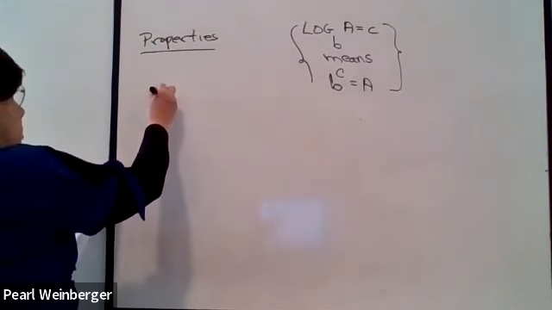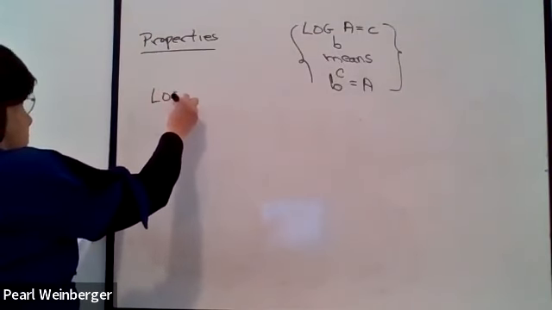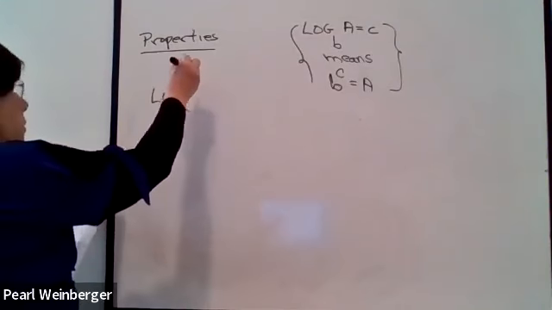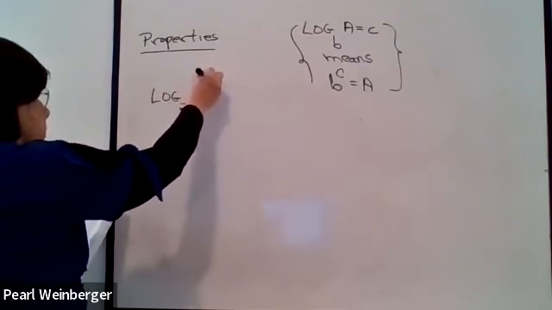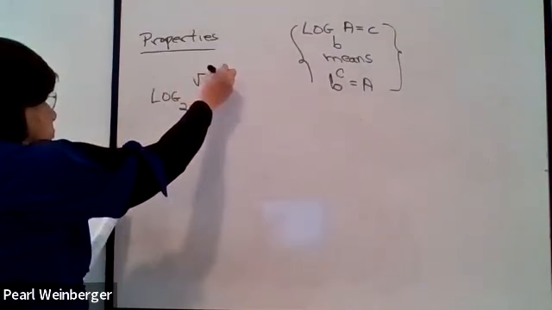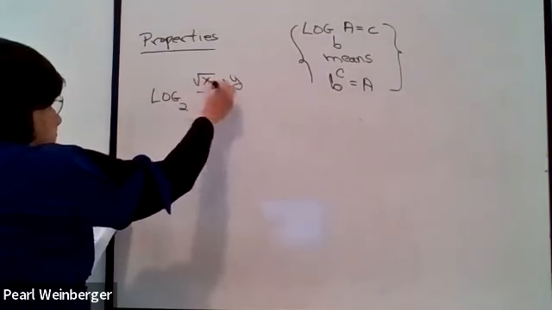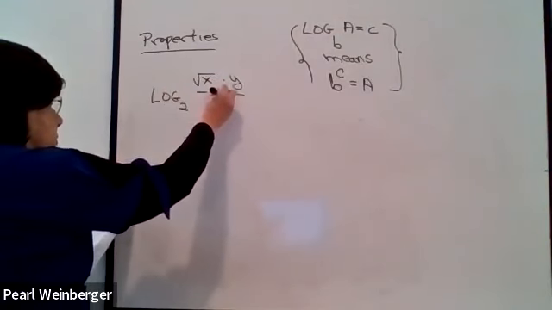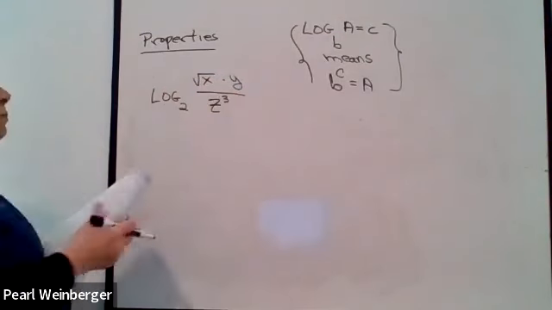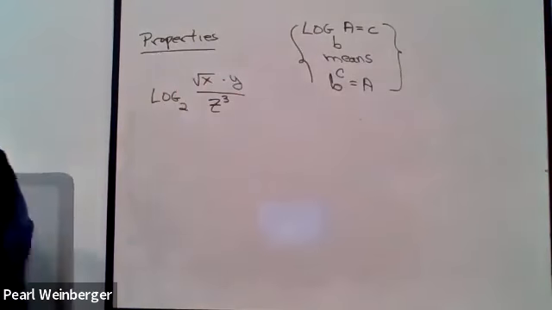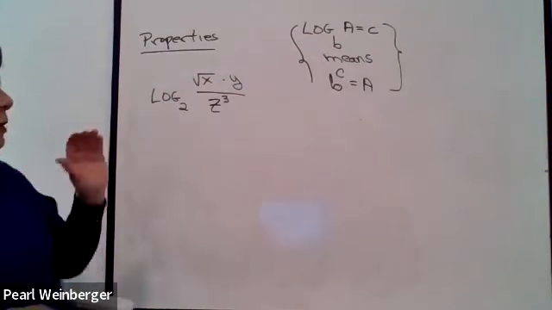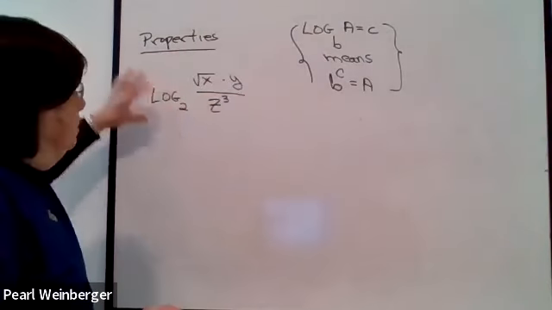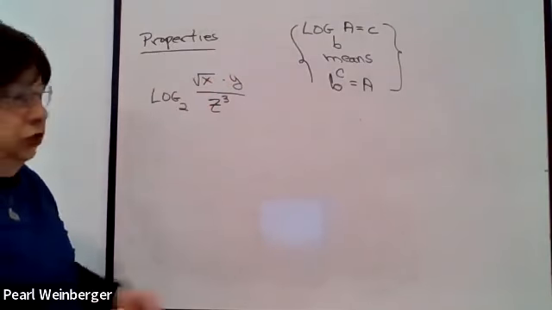Suppose I have log base 2 of the square root of x times y divided by z to the third power. How do I expand this expression?